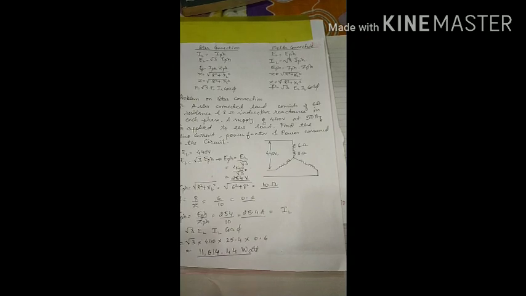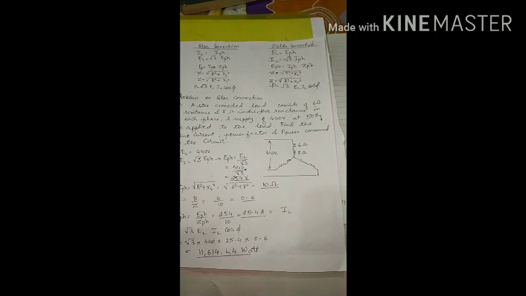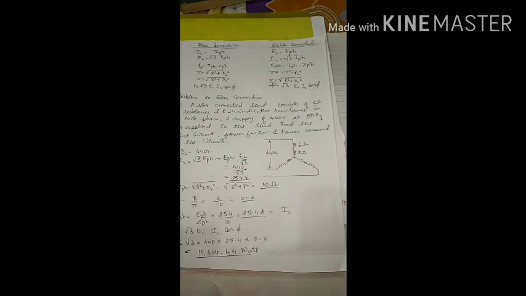Z can be a combination of resistance plus inductive reactance or resistance plus capacitive reactance. Therefore, Z is equal to square root of R square plus XL square, or Z is equal to square root of R square plus XC square. And the power consumed by the star connection is P is equal to root 3 EL IL cos phi, which will be the same for your delta connection.